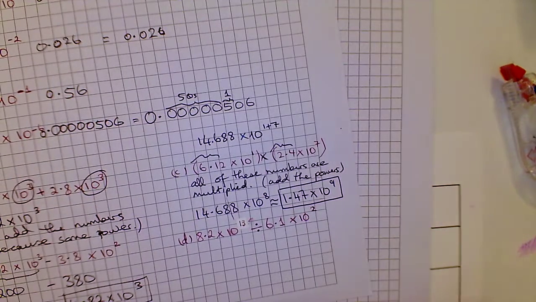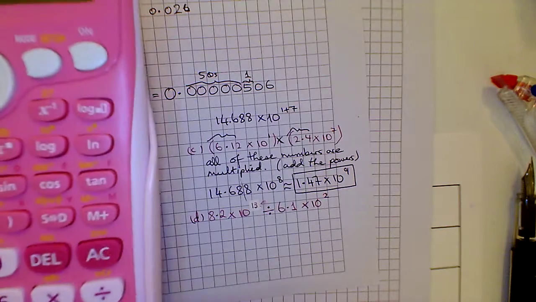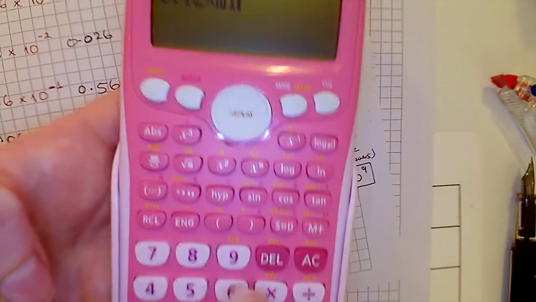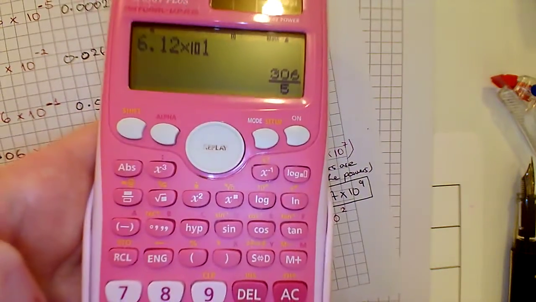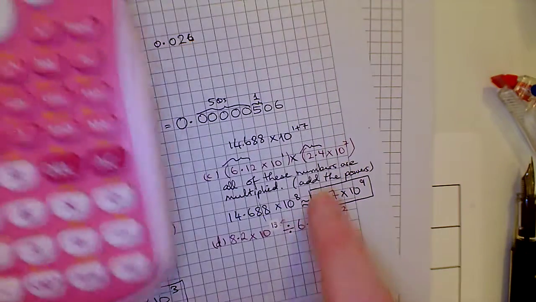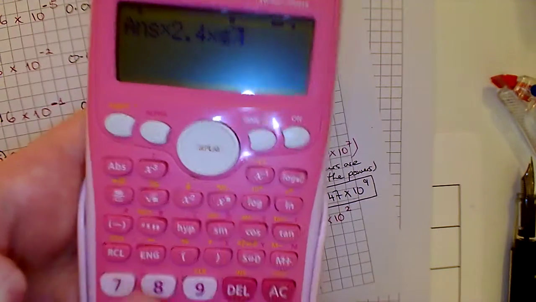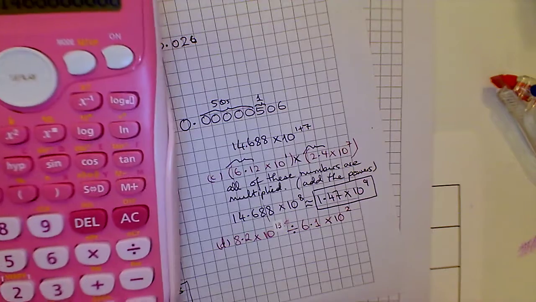Okay, that's how we figure it out without the calculator, but let's show using our 10 to the power of button here. 6.12 by 10 to the power of 1 equal to that, multiplied by 2.4 by 10 to the power of 7. And so I get this number here.